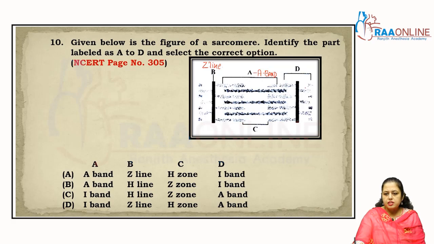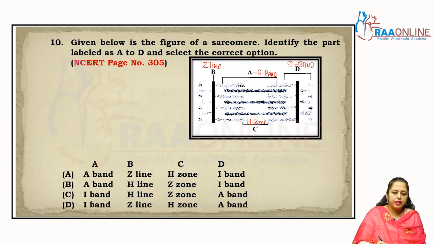Now come to C, that is the area where only myosin filament is present, the H zone. And D is the I band, where only actin filaments are there.